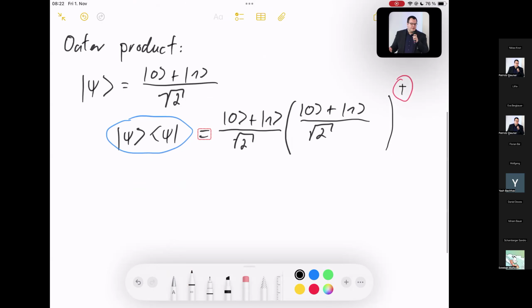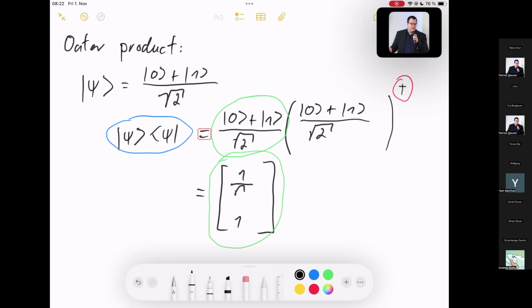We can now write this out as vectors. So the first part, this green part here, we can just write out as a vector. We have a 1 and a 1. One is for the |0⟩, the other one for the |1⟩, and each entry needs to be normalized because we've divided by the normalizer.